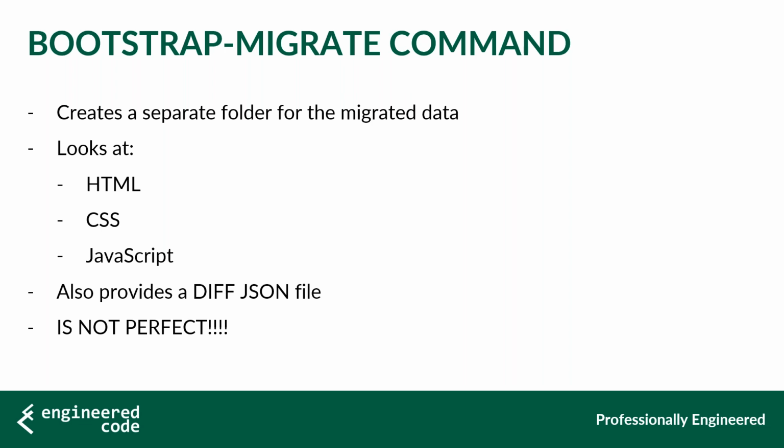It goes through all of your HTML and CSS and JavaScript, and does its best to adjust the markup and CSS classes to conform to the new Bootstrap version 5. Like I mentioned, it provides a diff JSON file, so it basically gives you a list of all the changes that it made. And we'll see that in VS Code, there's a tool that will actually highlight all the changes that were made.